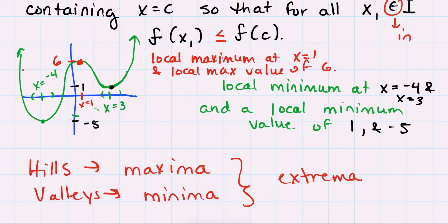But this one is the lowest point on the entire graph. This one, although it's a minimum, it's not the lowest point. You can see the y value here is much lower than this one. This would be the minimum, the absolute minimum. And the absolute maximum, we don't have one for this graph. We have a local maximum, but you can see that this y value is not the tallest point on this graph. We actually have higher points, so stuff way up here. And you can see that we'll have y values corresponding to x values over here that go way up in the graph.